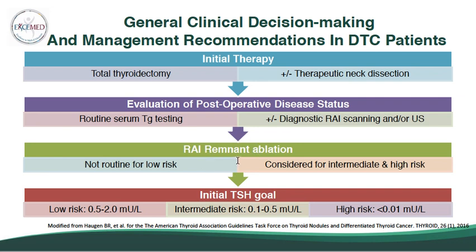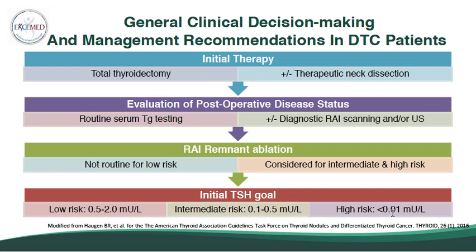And then after RAI remnant ablation, you need to proceed with TSH suppression, because if you have elevated TSH, that would stimulate your thyroid cells, if there are any remaining, to grow again. So if the patient is low risk, the intensity of TSH suppression will be just 0.5 to 2. If the patient is high risk, then you have to really suppress your TSH to less than 0.01.